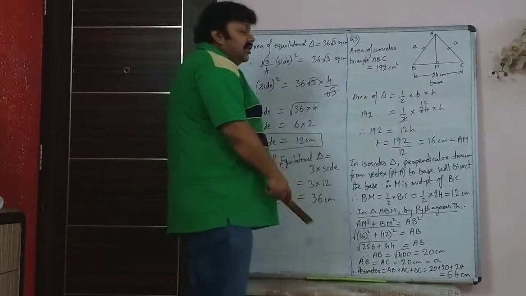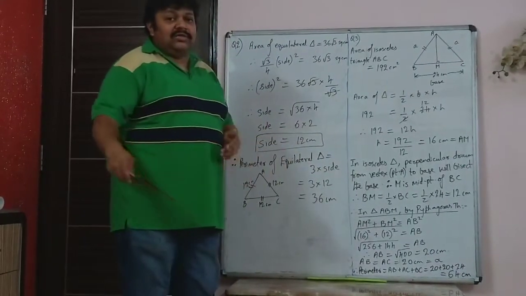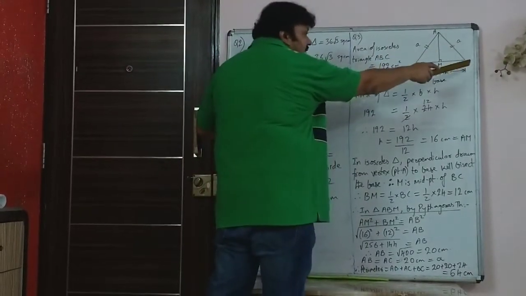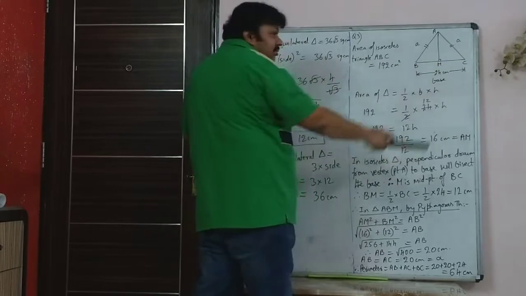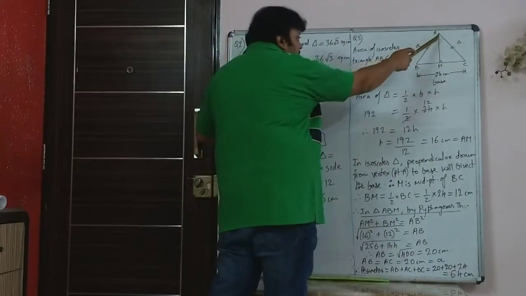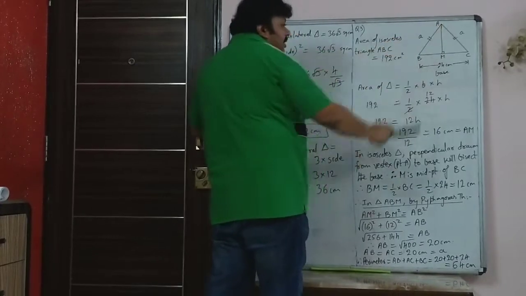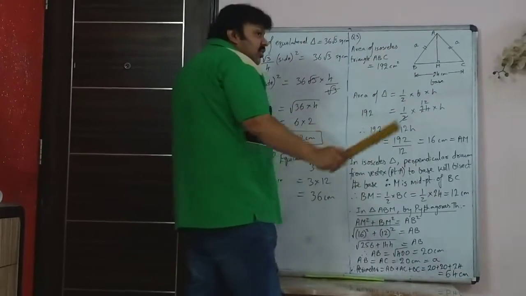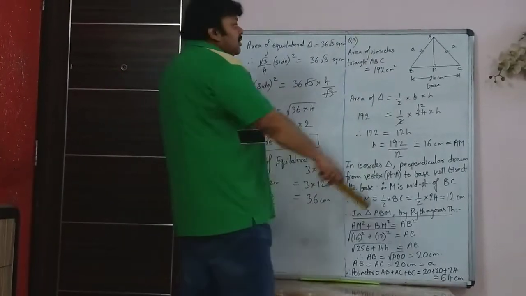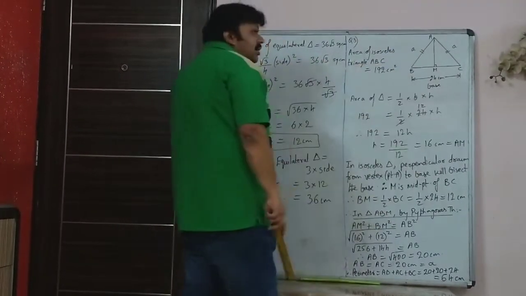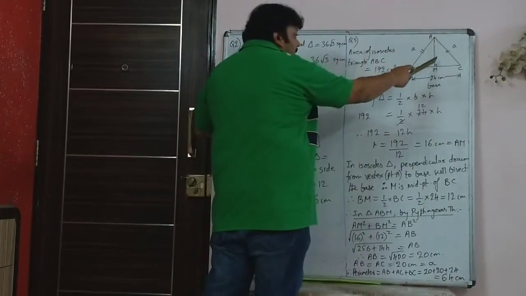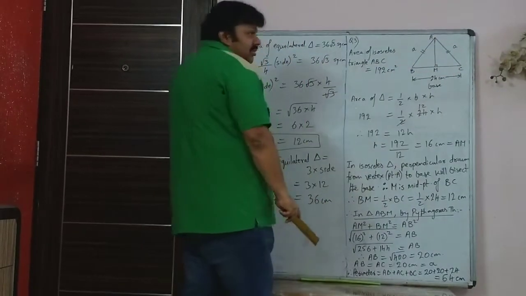Now isosceles triangle, you have done a whole deal of isosceles triangle proofs. So you know that an isosceles triangle has two equal sides and one base. The unequal side is called the base and the angle opposite the base is the vertex angle. Now you also learned a property when I explained the start of this chapter, that in an isosceles triangle and in an equilateral triangle, the perpendicular from the vertex will bisect the base.